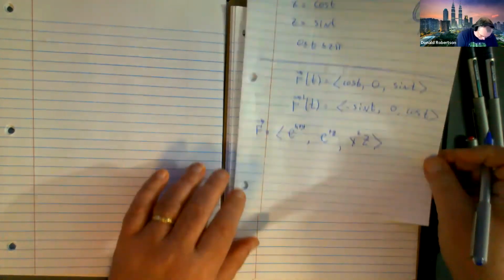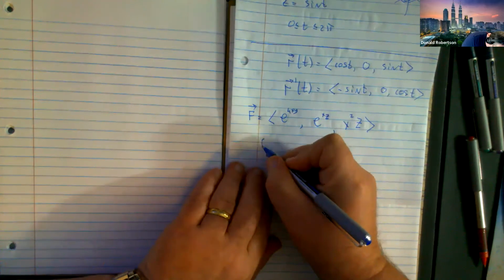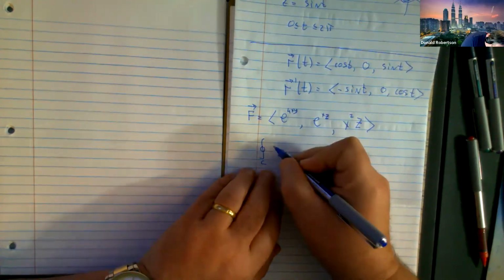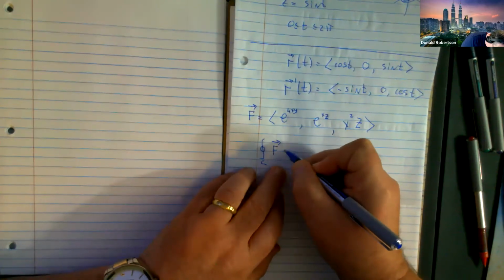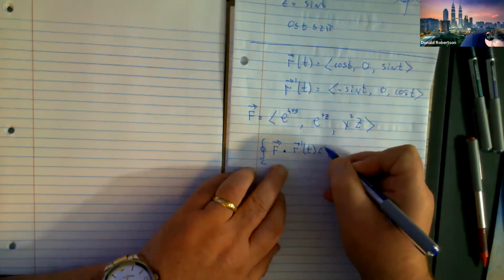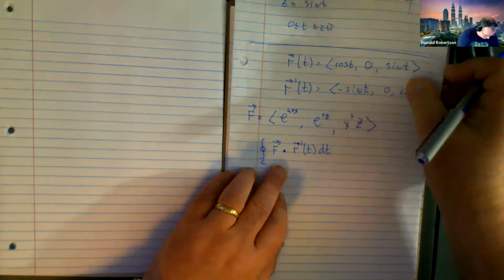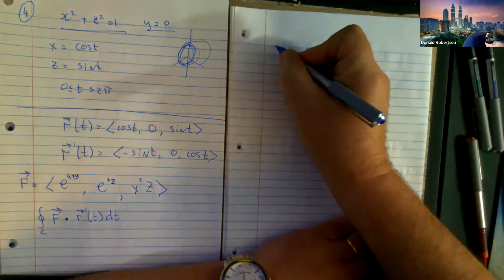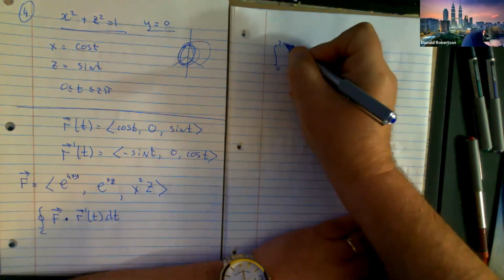And I've just thought of a little thing to help me out. It's going to be the integral over C of F dot product r prime of t dt. And I'm going to leave these as x, y, z's for a little while. So 0 to 2 pi.